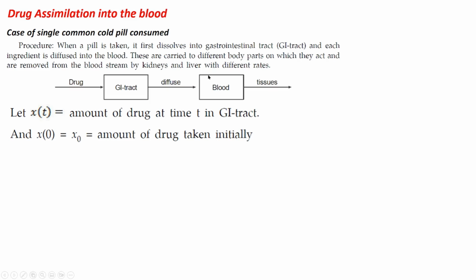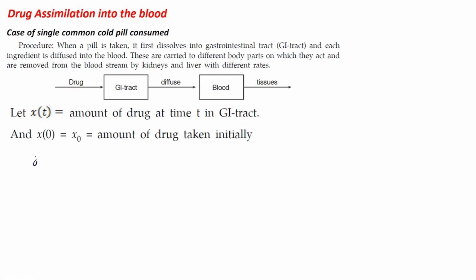So if we want to find the amount of drug present in the body at any time t, let x of t be the amount of drug at time t in the gastrointestinal tract, and let x of 0, or x naught, be the amount of drug which is taken initially.